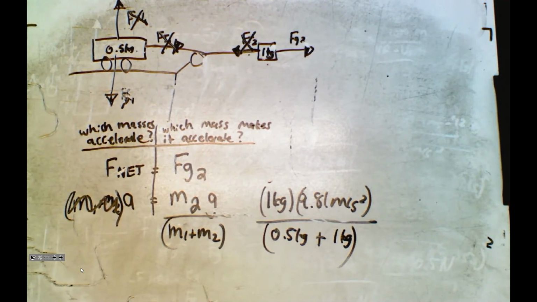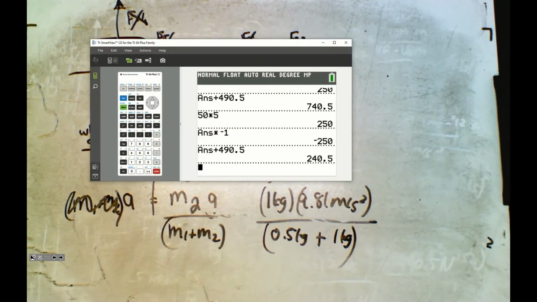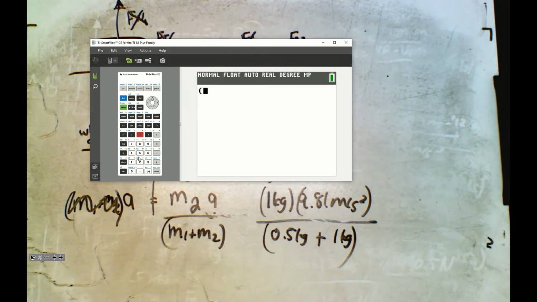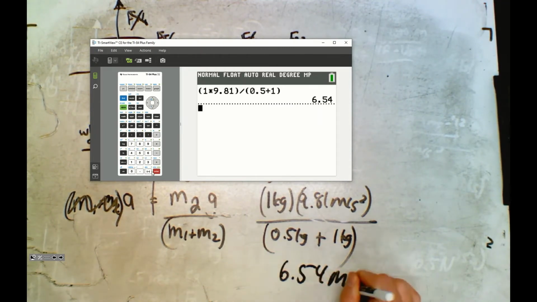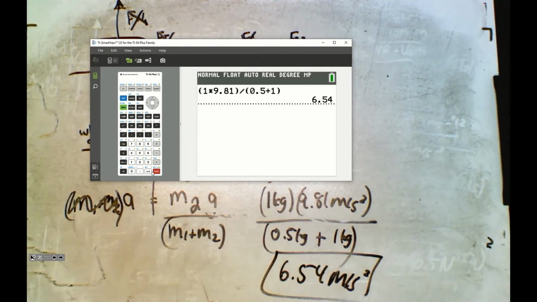So I plug this all into my calculator: 1 times 9.81, divided by 1/2 plus 1. Both of those masses accelerate, and we get our acceleration to be 6.54 meters per second squared. They're attached by a rope, so they're going to have the same acceleration, and that's how we do this question.